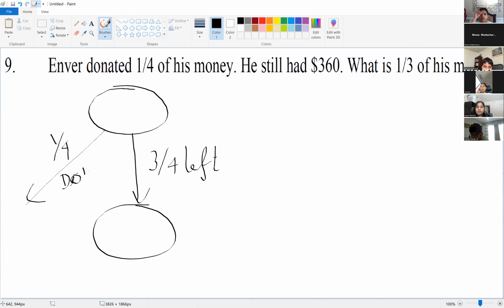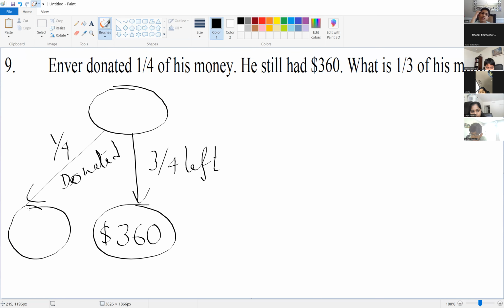And so 120 plus 360 is 480, and then 480 divided by 3 is 160. So that means if 3/4 is 360, 1/4 would be 120, correct? Yeah. That means he started with 480, and I divided 480 by 3.